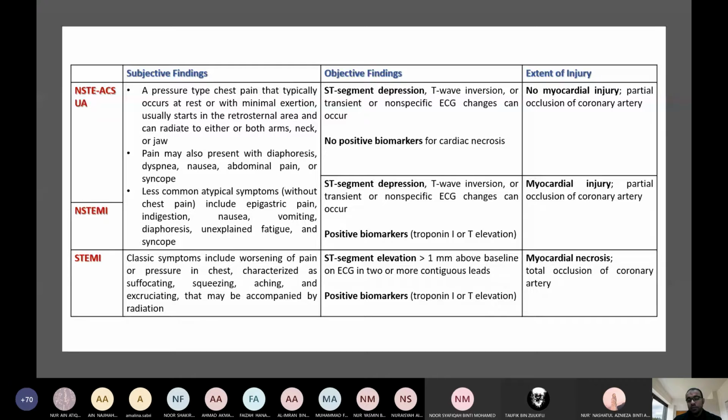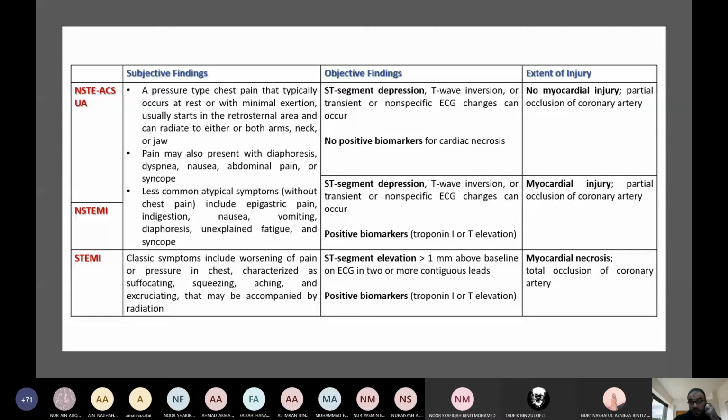STEMI most of the time will be due to total occlusion of the coronary artery, and this will make sense for us later when we talk about the preference for the immediate invasive strategy in STEMI, just to open the artery and restore the circulation again.